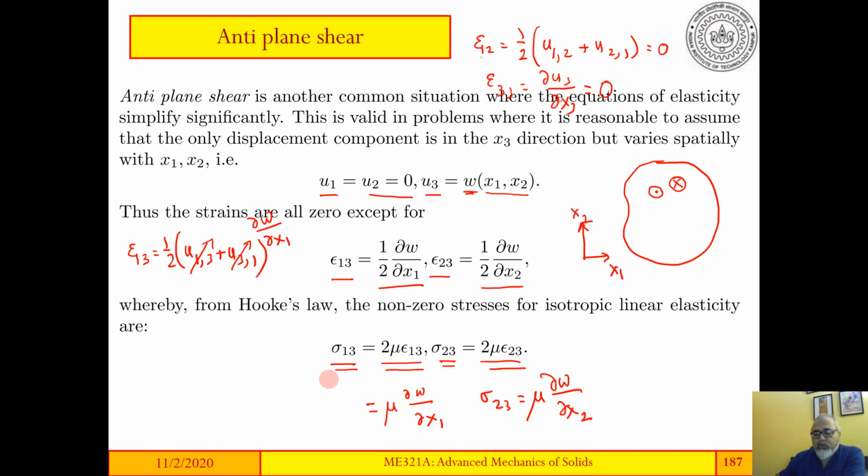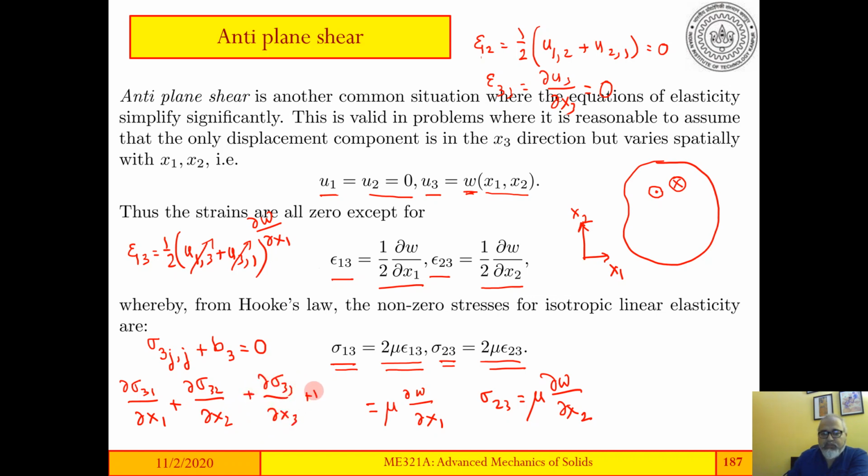Now plug this into the equilibrium equation, and in this case the only relevant equilibrium equation would be the three equation, which would give you del sigma 3 1 del x1 plus del sigma 3 2 del x2 plus del sigma 3 3 del x3 plus b3 equal to 0. But we know that the third term is equal to 0 because sigma 3 3 is equal to 0.